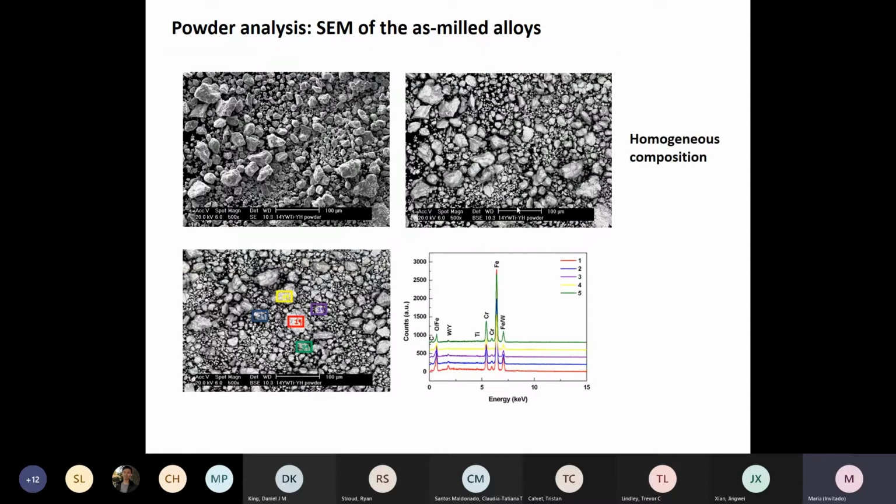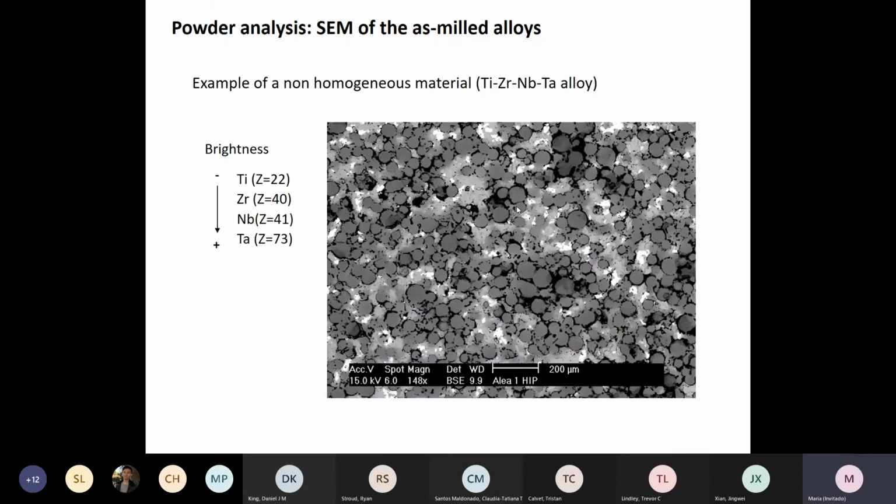We need to check if the composition is homogeneous or not. So we perform different point scans, and we check that the composition of most of the grains, regardless of size or shape, is the same, because this is an example of a failure that we had in the past. We can see that the powder was not homogeneous at all.